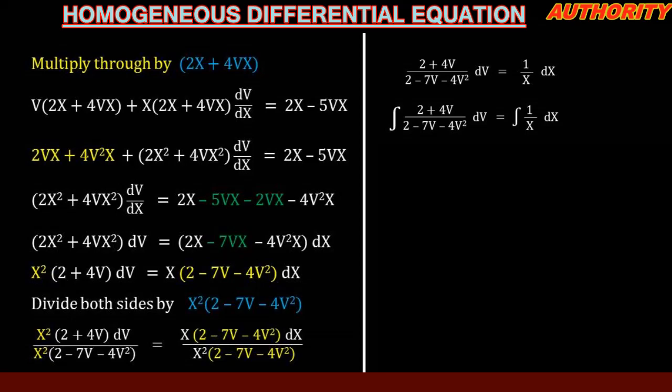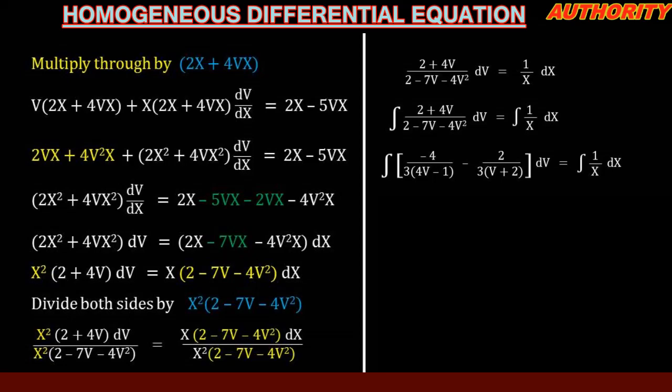Okay, so the left hand side is complex. So we are going to integrate this using partial fraction decomposition. That means we are going to decompose this. So decomposing, we are going to have the integral of minus 4 all over 3 open bracket 4v minus 1 minus 2 all over 3 open bracket v plus 2 close bracket dv equal to the integral of 1 all over x dx.